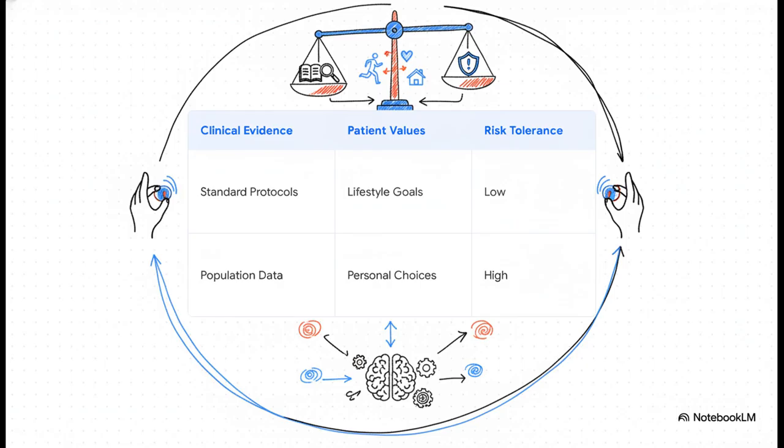If the clinical evidence suggests an aggressive surgery, but the patient values just playing with their grandkids over extending their life by a few statistically possible months, and maybe they have a very low risk tolerance for surgical complications, well then that correct textbook answer is fundamentally wrong for them. True precision medicine is a real game changer because it perfectly merges the subjective, lived experience of the patient with the objective science of the doctor.